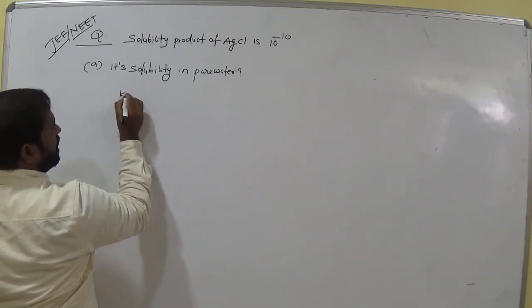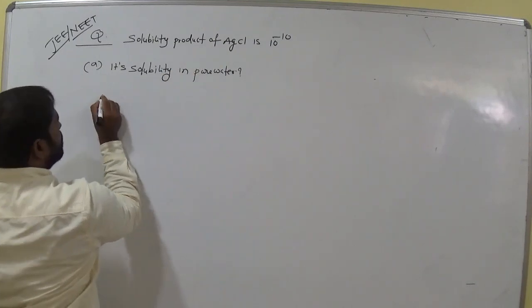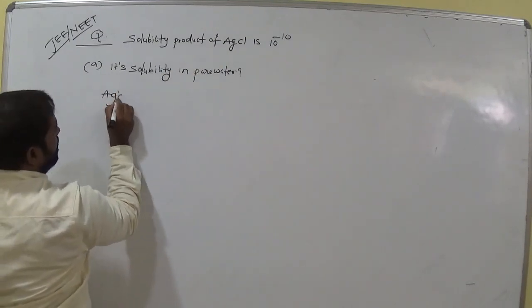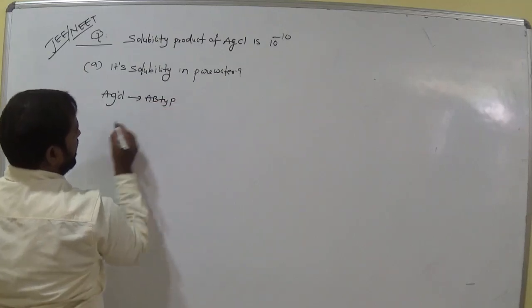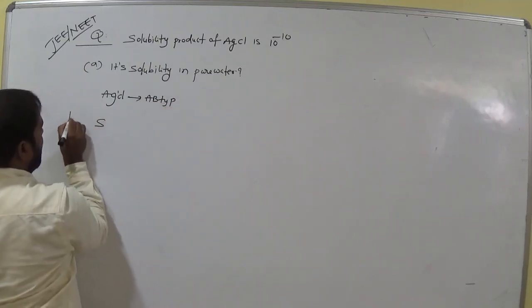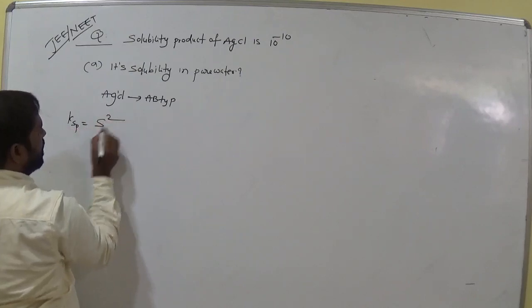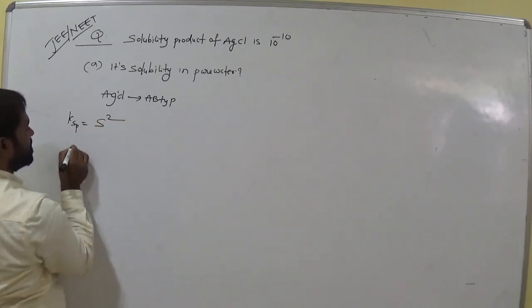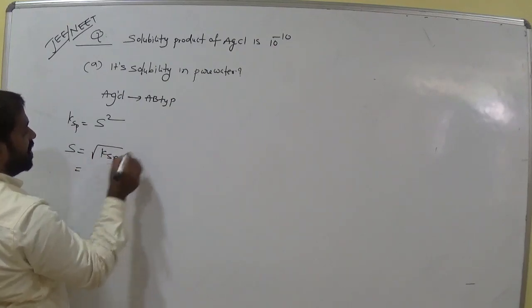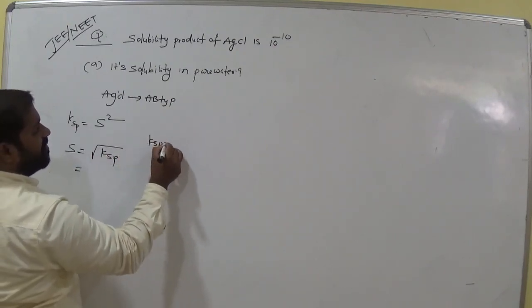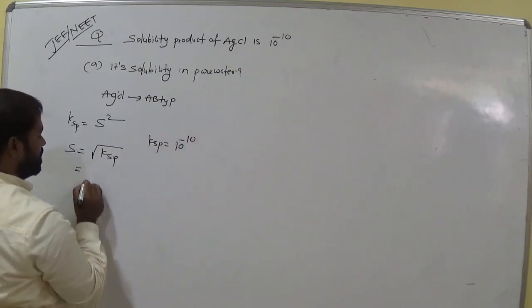So KSP, what type of molecule is it? AgCl is AB type, am I right? For AB type, what is solubility? KSP is equals S square, am I right? From this one, S equals to how much? Square root of KSP, am I right? So what is the given KSP here? Given KSP equals 10 power minus 10.